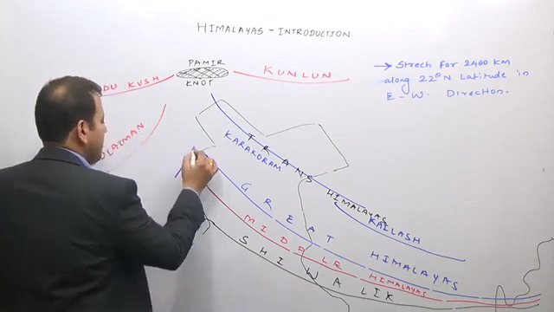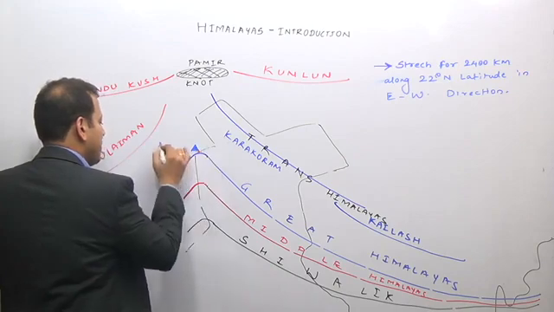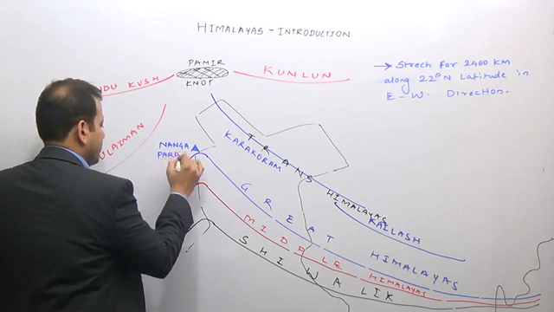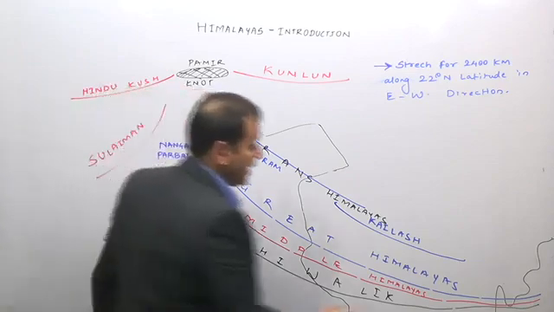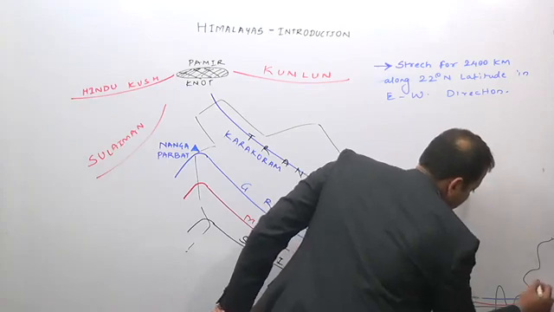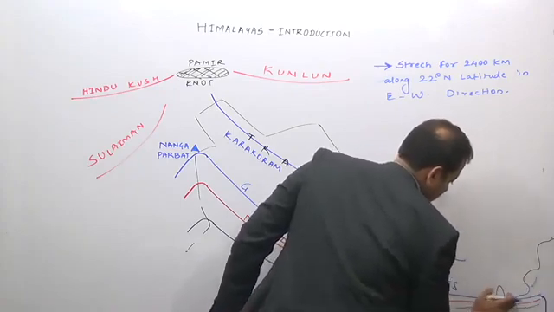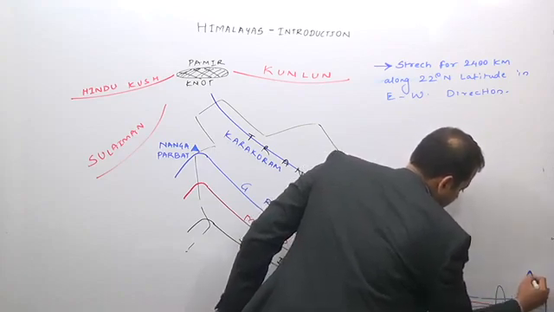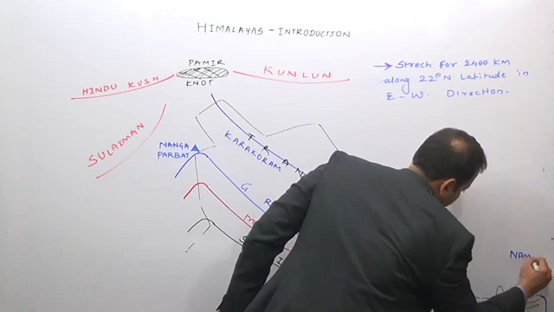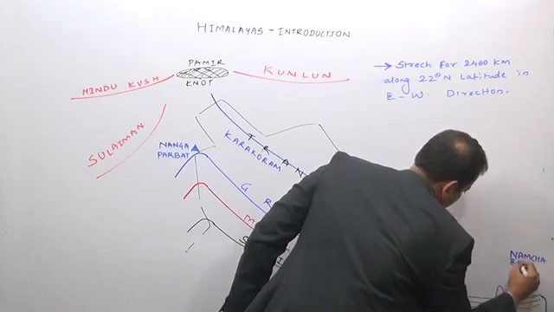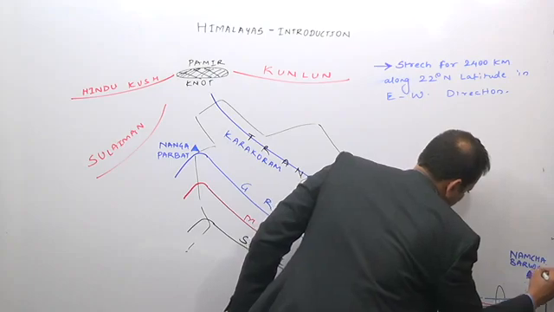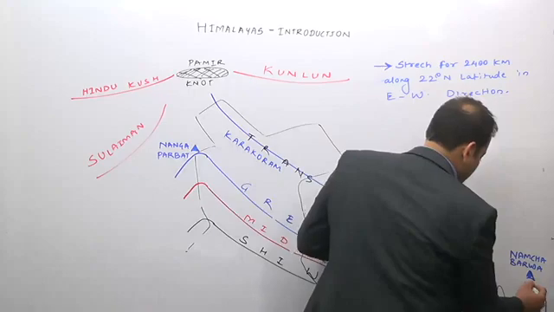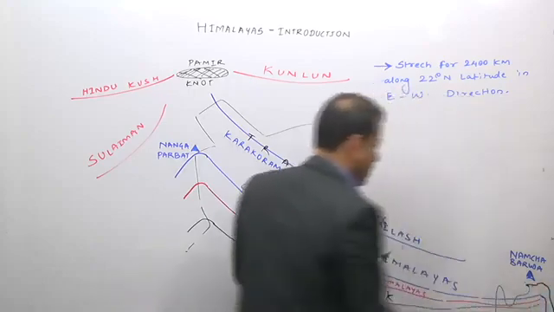This sudden hairpin bend is represented by Nanga Parbat in the western part, and in the eastern part it is represented by Namcha Barwa, in Arunachal, near the Arunachal and China border.